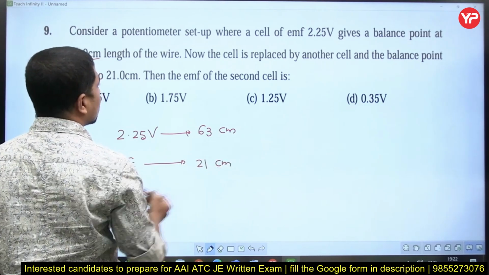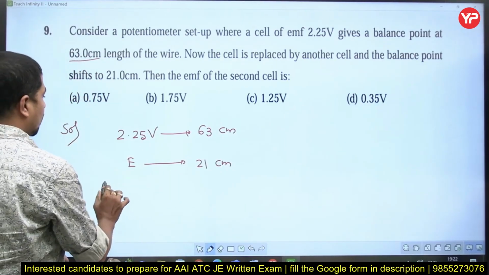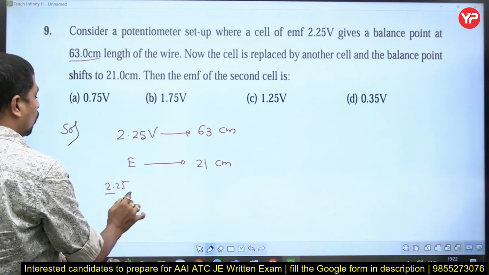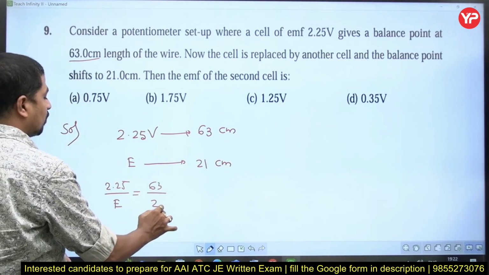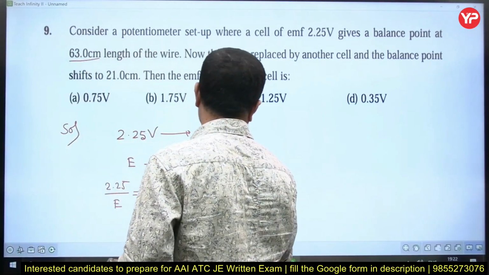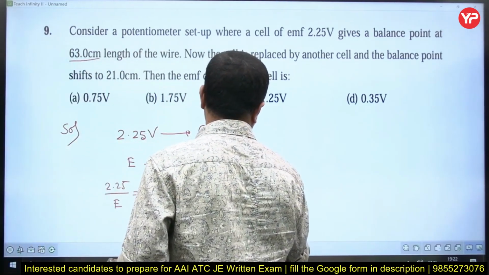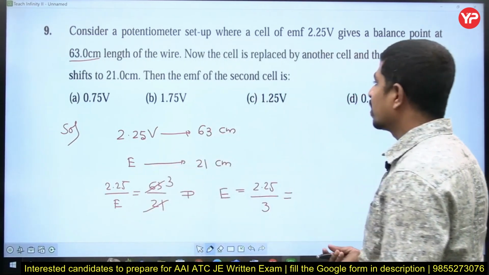21 centimeters. Then the EMF of the cell E is asked. Cross multiply: 2.25 divided by E is equal to 63 divided by 21. 21 3 times it is, that implies E is equal to 2.25 divided by 3. Third part of it.